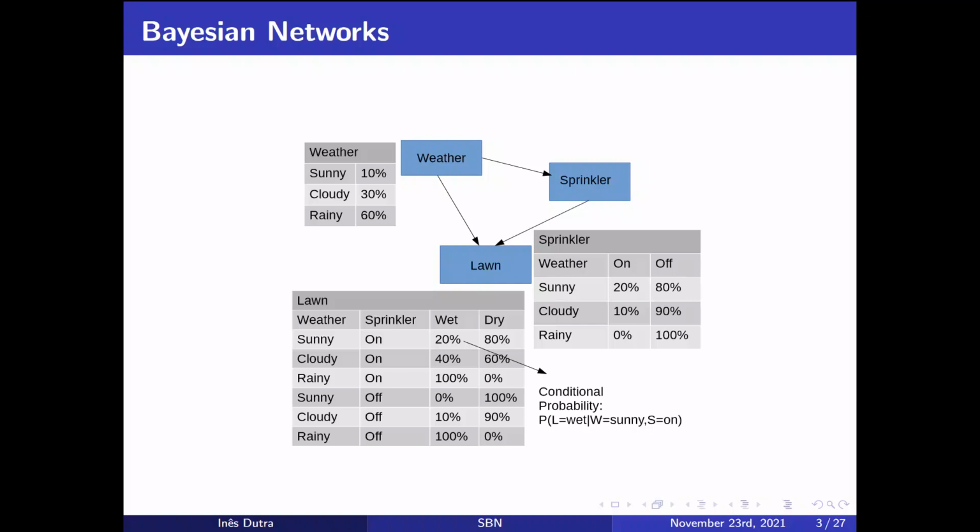Suppose I have 1 million rows of observations with several variables. What I can do is transform this million-row table into a factorized conditional probability table like this one here. I mean, I have several conditional probability tables according to the relations that I think there are between these variables.